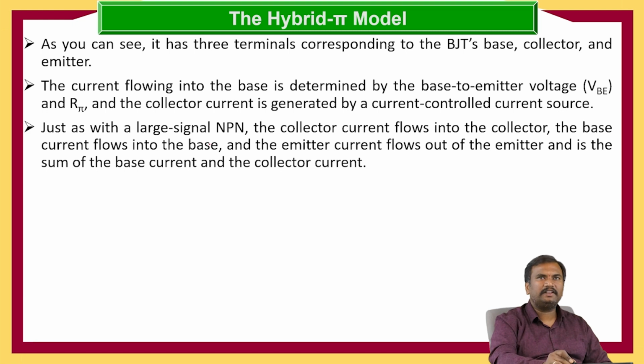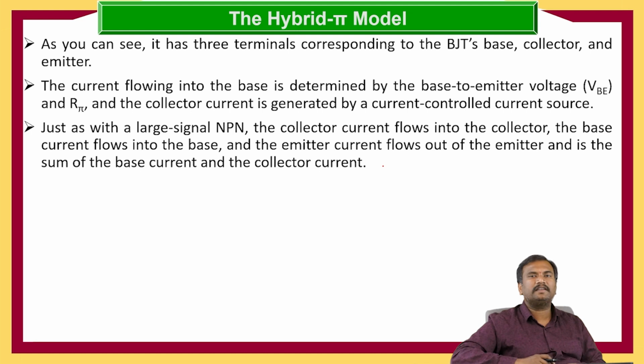Just as with a large signal NPN, the collector current flows into the collector, the base current flows into the base, and the emitter current flows out of the emitter and is the sum of base current and collector current.